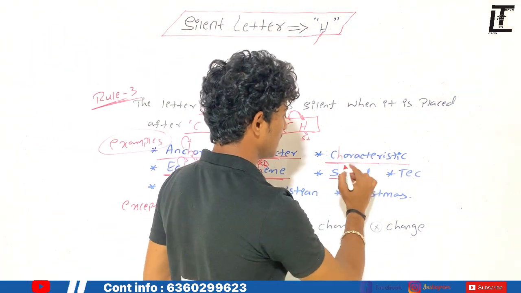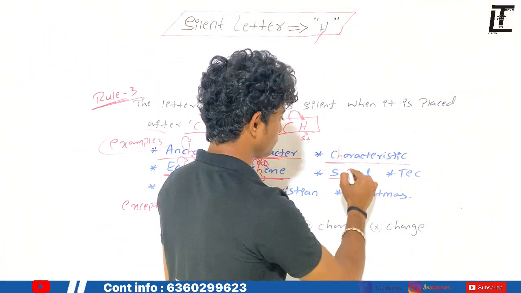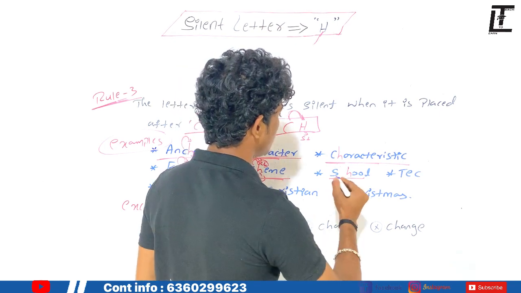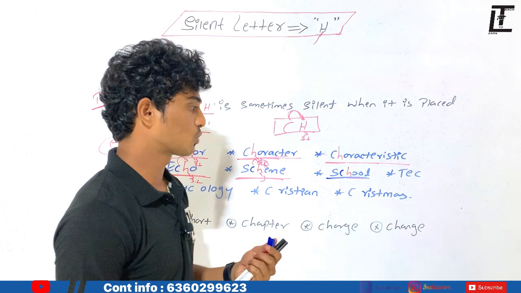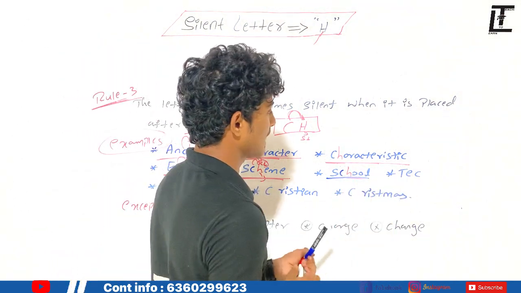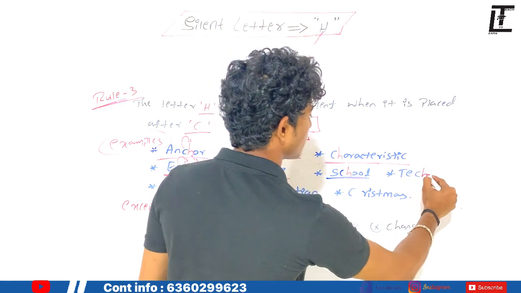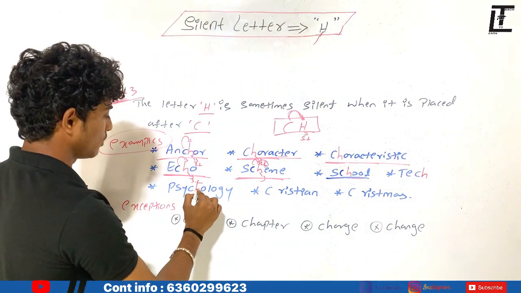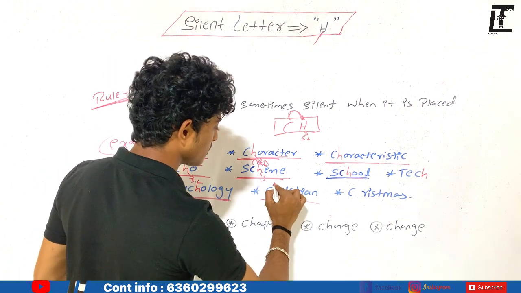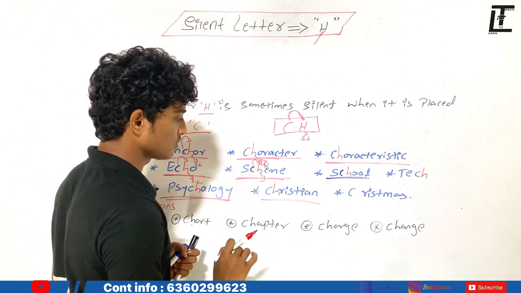The word sounds like scheme. And the next word sounds like school. There is no sound of the letter H. Here we pronounce this as tech, psychology, and here it is Christian.